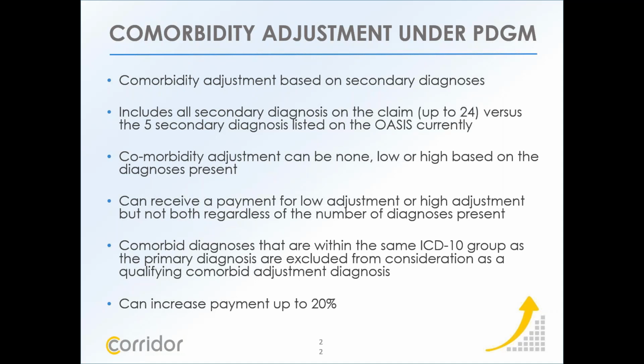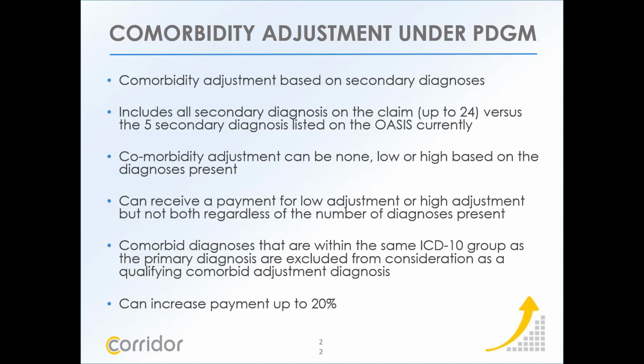You can actually receive a payment for a low or high comorbidity adjustment, but not both. Whichever one is higher is going to be the one that you get. And it doesn't matter how many codes you're coding. Even though you're allowed to code up to 25 codes, coding 25 codes is not going to make the payment go up. You'll see more about this in a little bit. It's more about what diagnoses are captured.